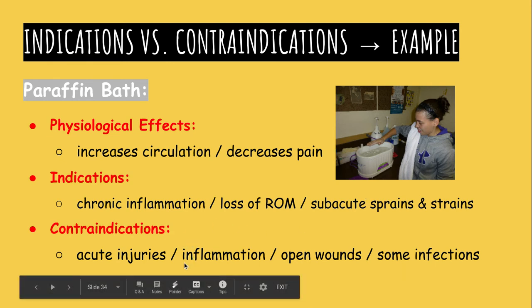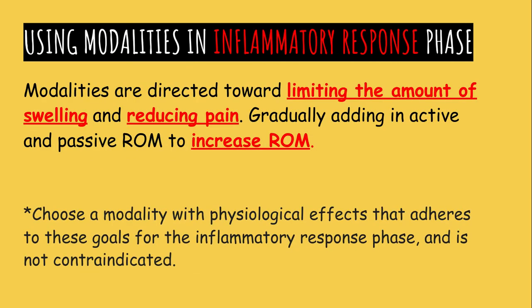If they're still showing signs of inflammation, open wounds, infections, things like that, you wouldn't want to do it because, one, it's gross, and two, other people might use this wax, and you could potentially infect other people. And if there's an open wound, that wax is not very sterile, and that could cause infections in the wound itself.